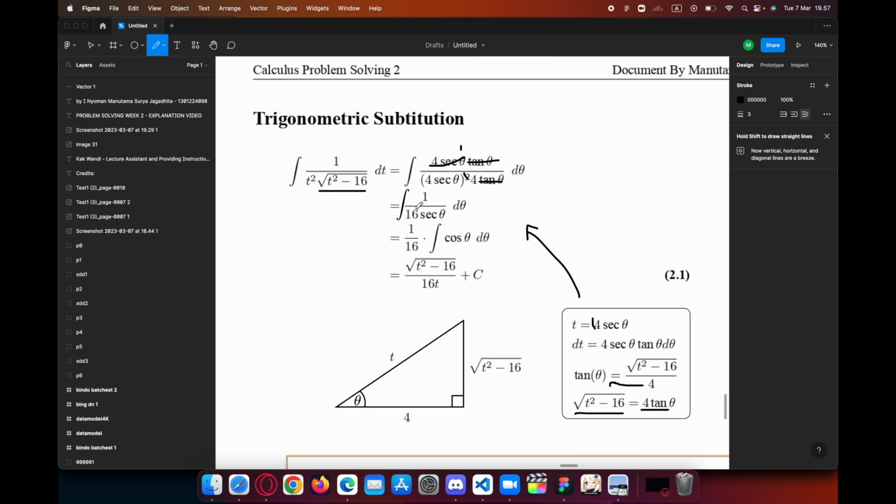So 1 over 16 can go out from the integral because it is a constant, so 1 over 16 times the integral of cos theta d theta.